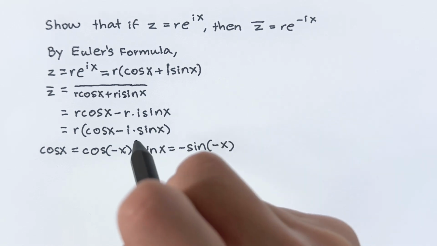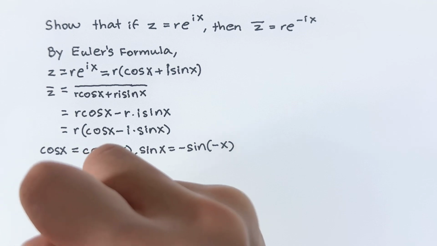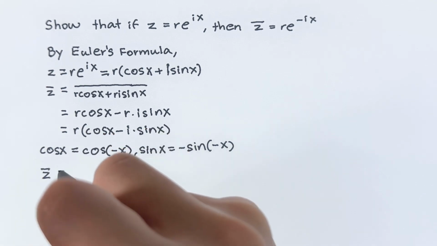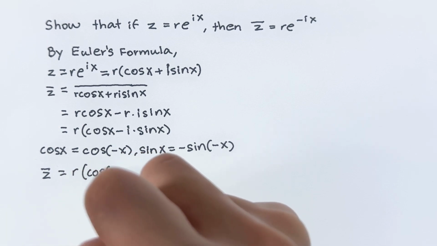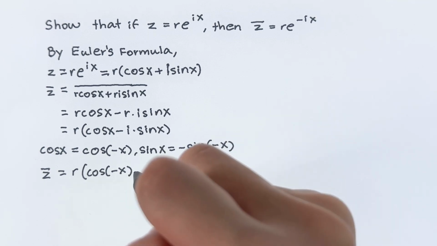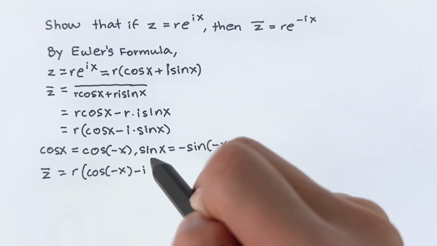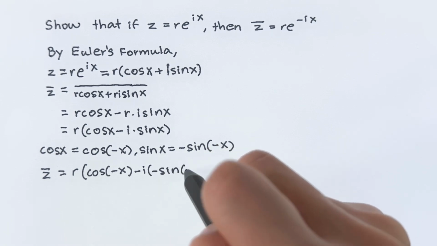So if you replace this back in, we have the conjugate of z equals r times cosine negative x minus i times negative sine of negative x.